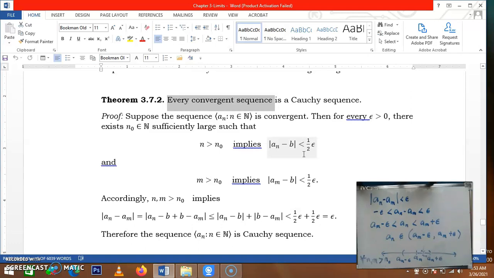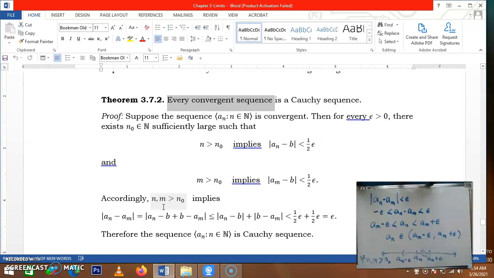As you notice here, we use 1/2 epsilon. Why are we using 1/2 epsilon? Because later on, we will sum it to get epsilon. This is still the definition of a convergent sequence.